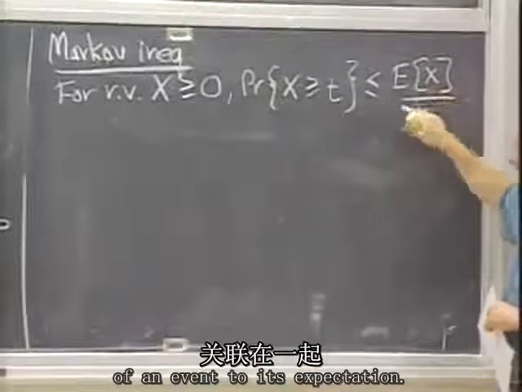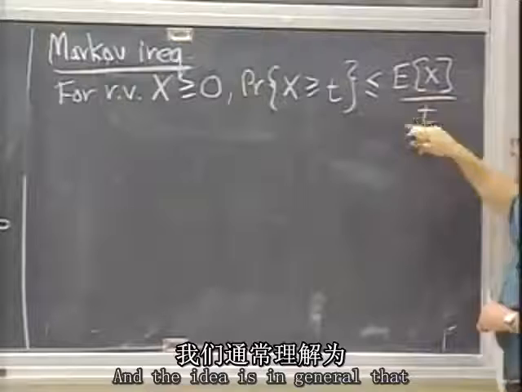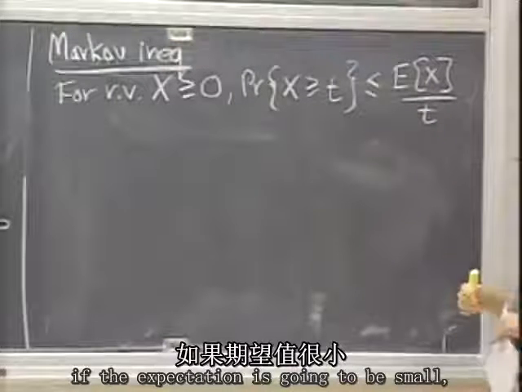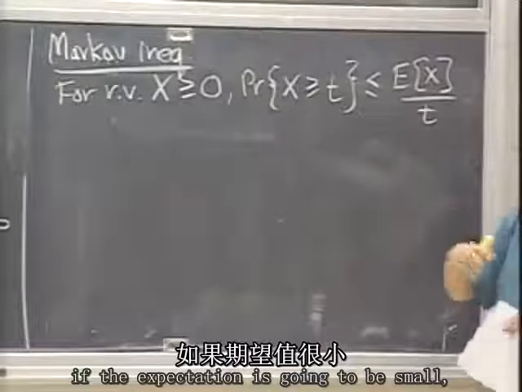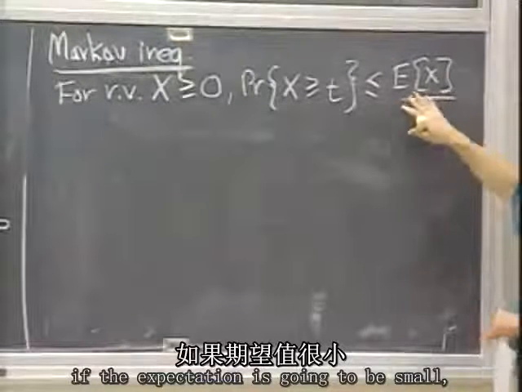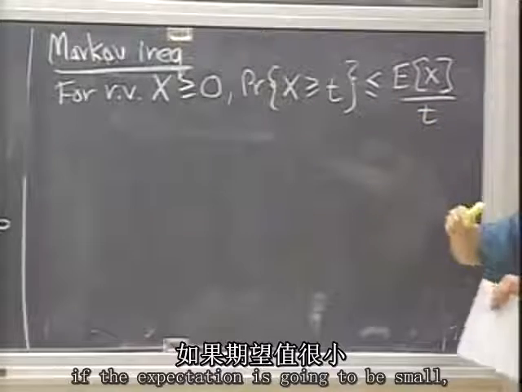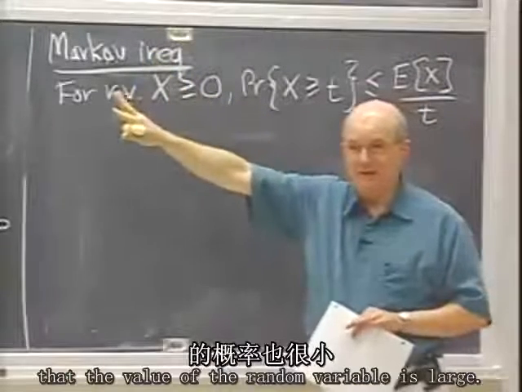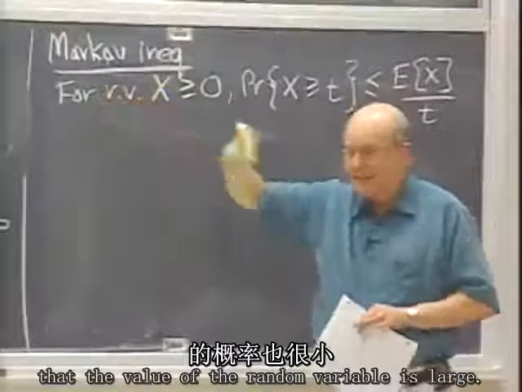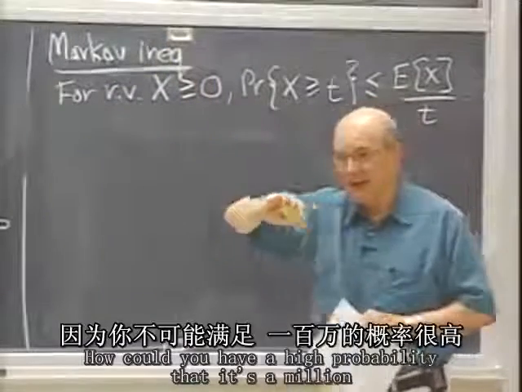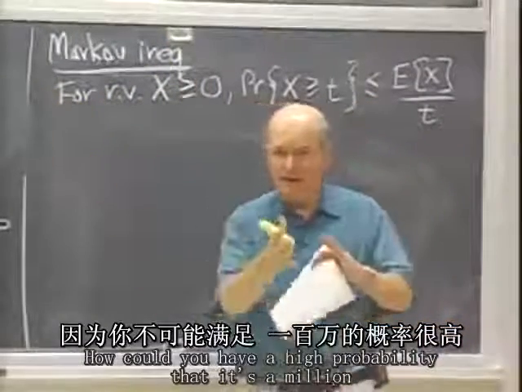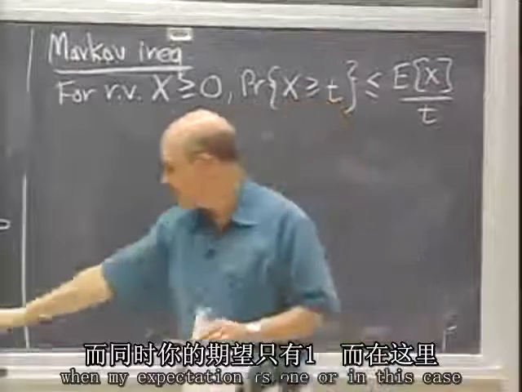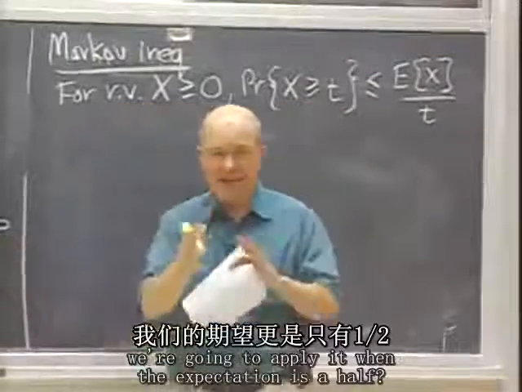The idea, in general, is that if the expectation is small, then I can't have a high probability that the value of the random variable is large. How could you have a high probability that it's 1,000,000 when my expectation is 1, or in this case, we're going to apply it when the expectation is 1/2?